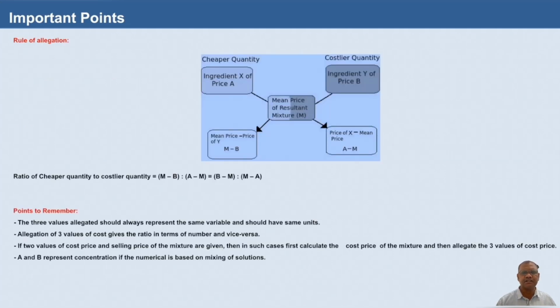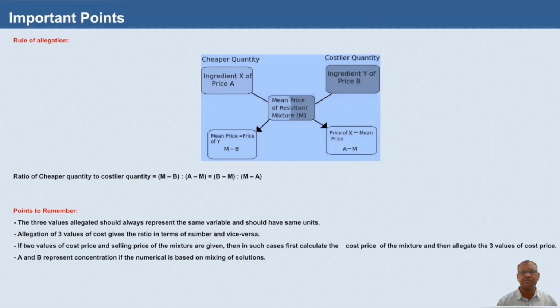Rule of allegation. According to the rule of allegation, when you are mixing a cheaper quantity and a costlier quantity, ingredient X of price A and ingredient Y of price B, price B is costlier and price A is cheaper.